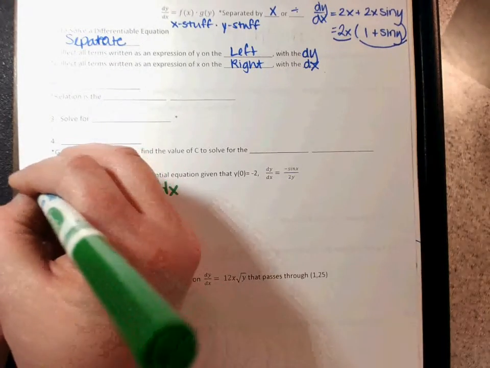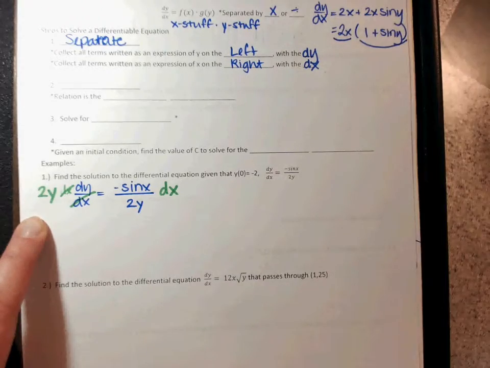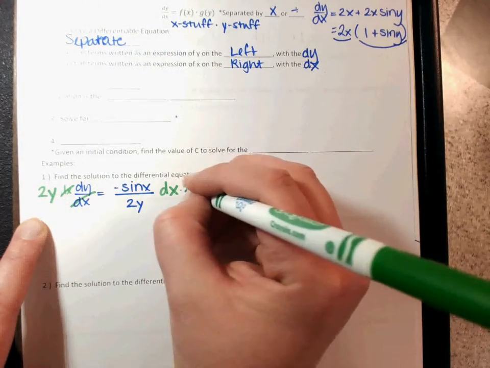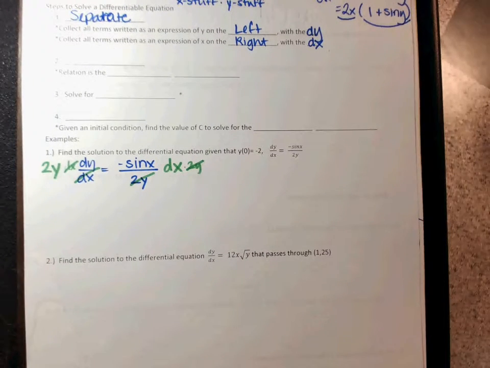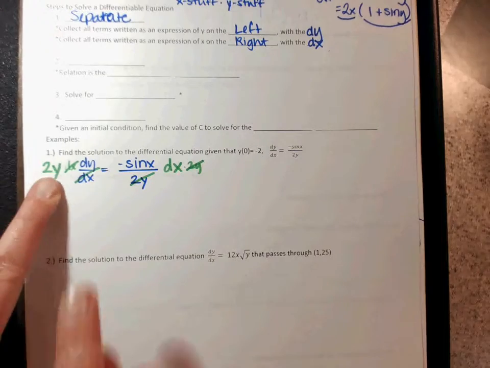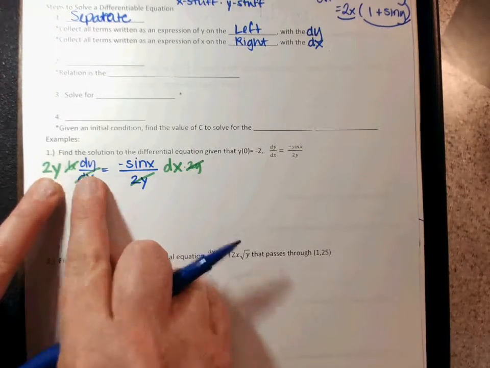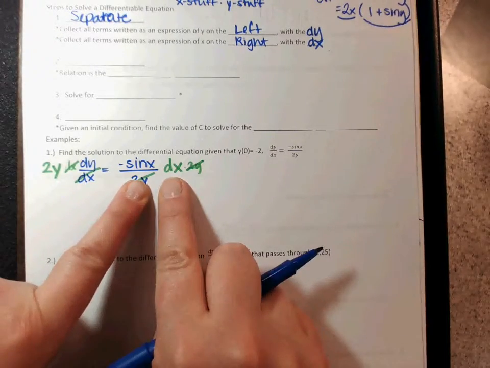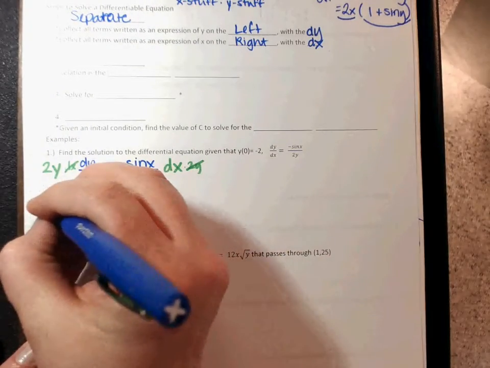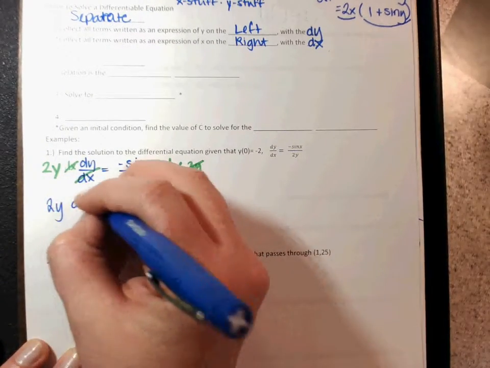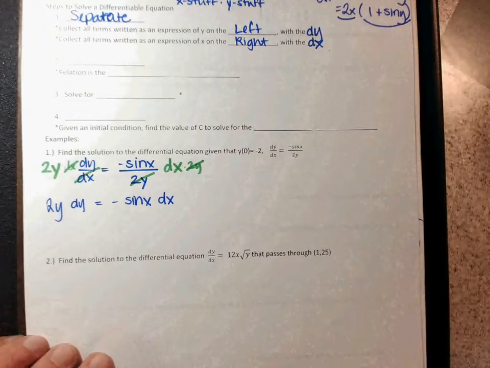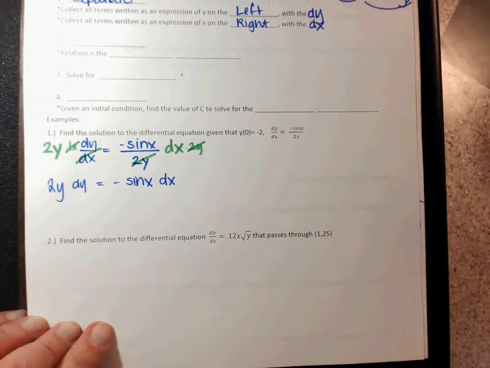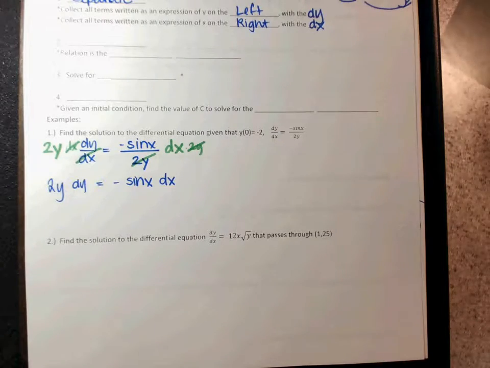So I'm going to put a 2y here, and then they cross out. So this is what I have now. This is the separate step. I have 2y dy equals negative sine x dx. So far so good? All the y stuff on the left, all the x stuff on the right.